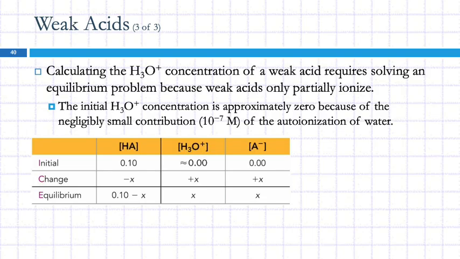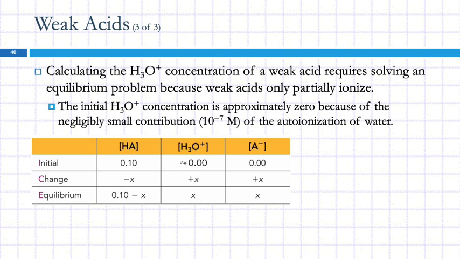Weak acids. Calculating hydronium ion concentration requires us to solve an equilibrium problem. So we're going to use ICE tables again. Here HA represents our weak acid, this is the hydronium, and this is the conjugate base of that acid, or the anion. Starting out, we give the concentration of the weak acid, and we say that the initial hydronium ion concentration is approximately 0.